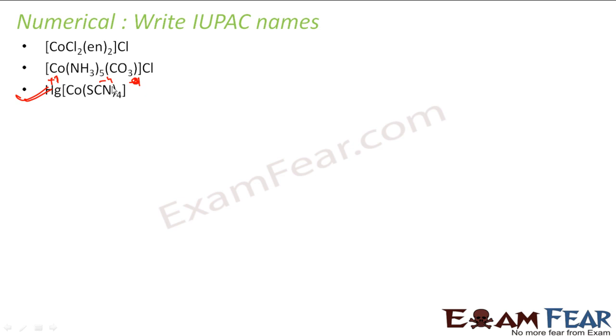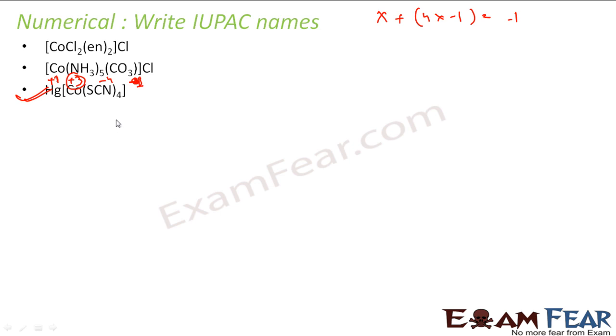Sorry, this is +3. +3, +1, +4 -4. So total Hg has +1 charge and this has -1 charge. If you want to calculate, that way also you'll find the cobalt oxidation state is +3. You can take cobalt as X, then SCN 4 into -1 is equal to the net charge -1. You solve, X will come out to be +3.